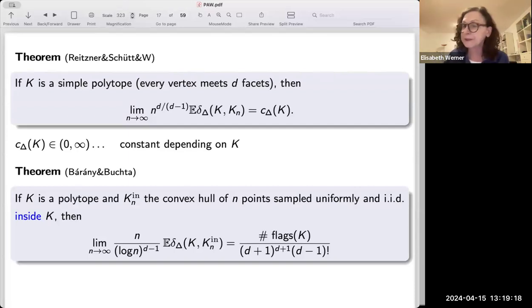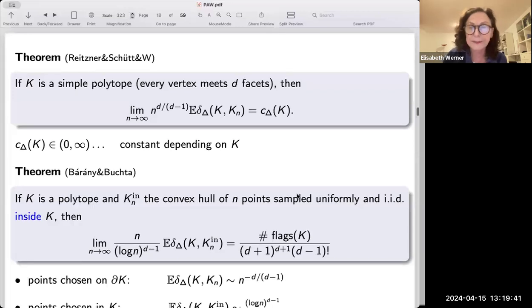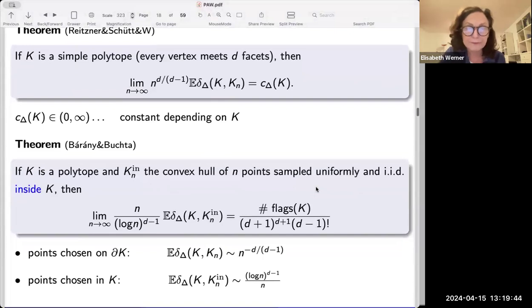And we'll see, if we compare the two results, in particular, if we look at the dependence of the rate of convergence with respect to the number of chosen points, that is, if we compare n to the d over d minus 1 to n over log n to the d minus 1, I have written it here. So if we compare the rates of convergence with respect to the number of chosen points, when the points are chosen on the boundary of K, we get this rate n to the minus d over d minus 1.